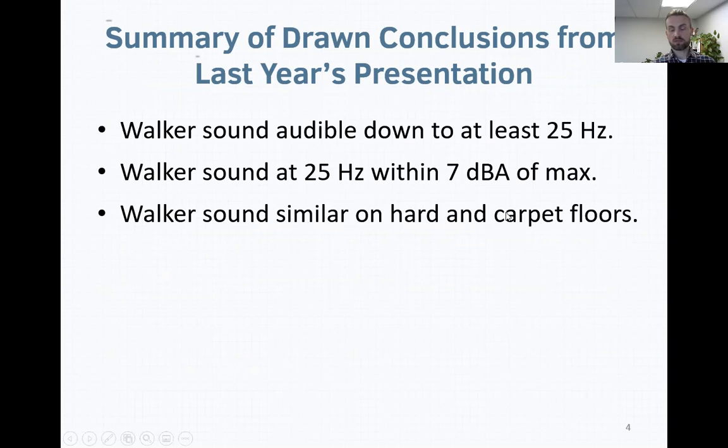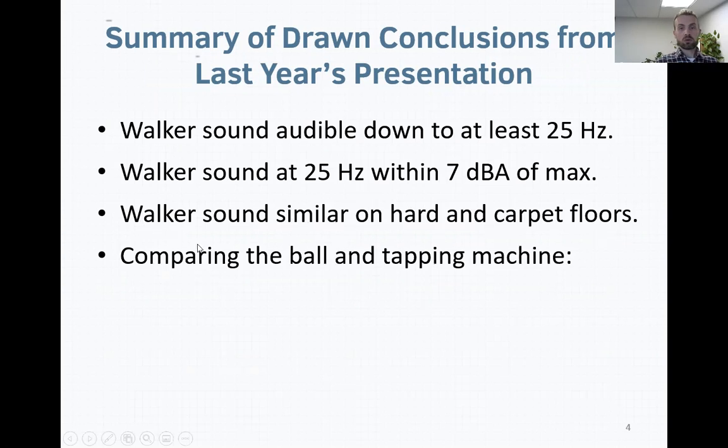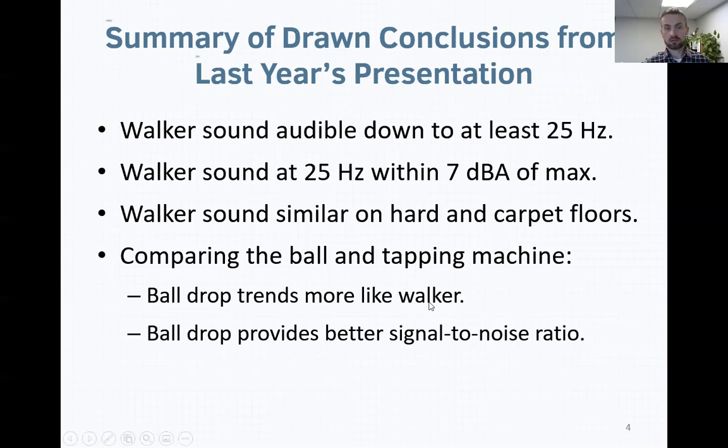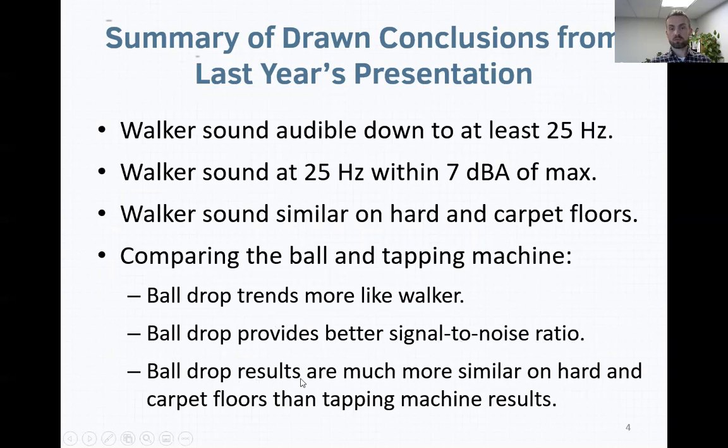They weren't drastically different by any means. They were very similar. And when we compare the ball drops to the tapping machine data, we found that the ball drop trended more like a Walker. The ball drop provided better signal to noise ratio at low frequencies, and the ball drop results are much more similar on hard and carpet floors than the tapping machine results were, which correlates well with the walking tests.